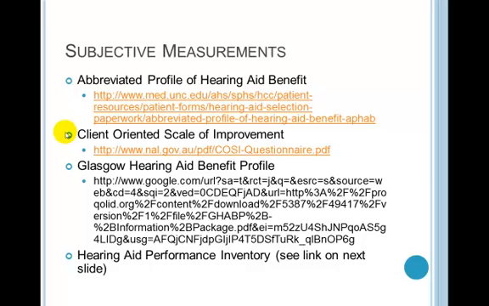And when I say let's target these other areas, maybe when we do a pre and post measurement, like let's say we use the APHAB, when we tested them before hearing aids, they were saying things like, I have trouble with soft sounds, I have trouble hearing the TV, I feel like people mumble, I have difficulty in noisy environments.